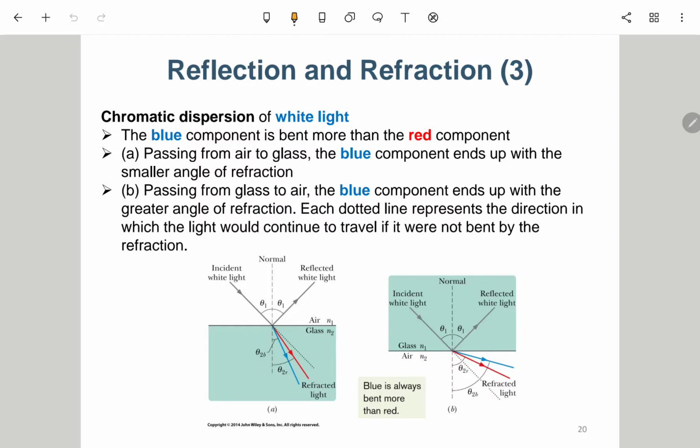Okay, so here we also have something called chromatic dispersion.